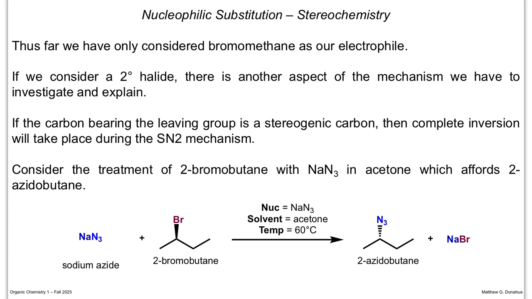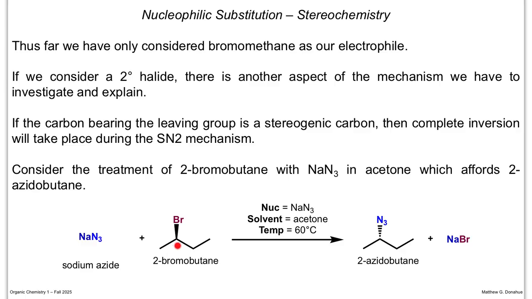And the substrate that we're going to look at to demonstrate this is now this 2-bromobutane derivative. You'll notice that the bromine is shown with this wedge, so that means it's coming out towards you. And then there's a hydrogen going back. So this is a stereocenter. And due to the mechanism of the SN2 reaction, where the nucleophile attacks the carbon bearing the leaving group at a 180-degree angle, there's inversion of the stereocenter.